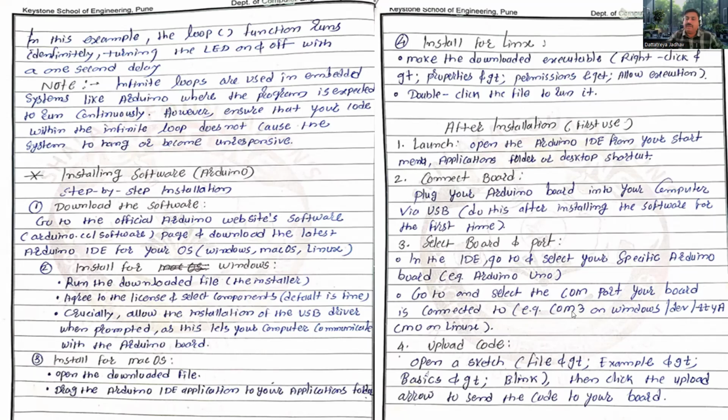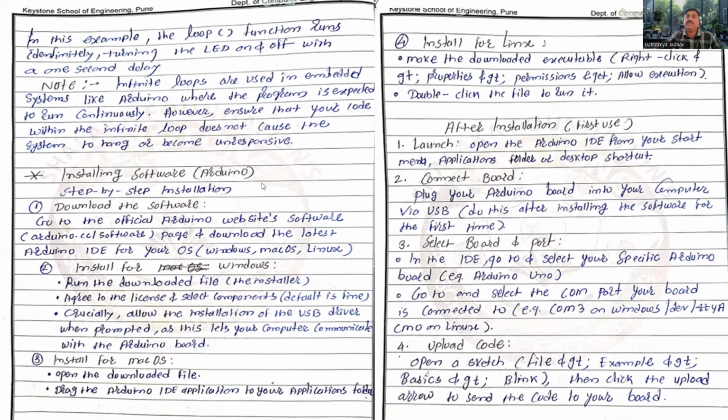Whichever is available, you select it, like COM3, which is one of the ports on a Windows device. Then upload the code. Open a sketch file, for example the basic Blink, then upload the file and go with the execution.